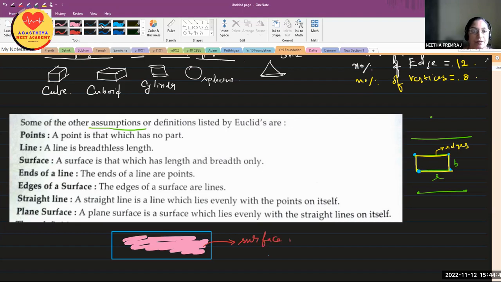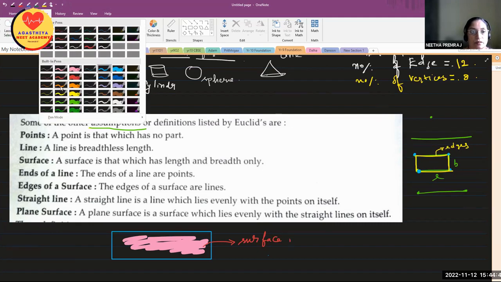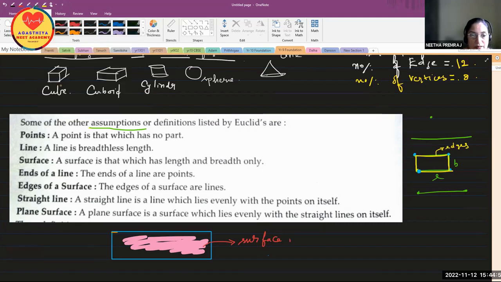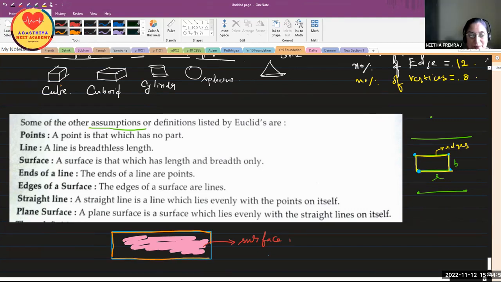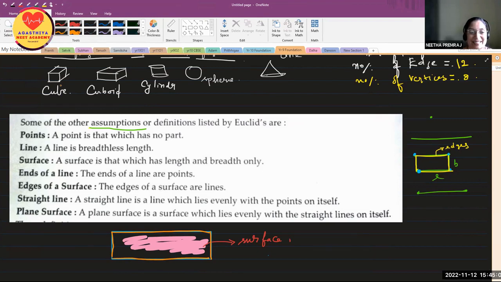Then what about this, the orange color lines? Edges. This is called edge. There are 4 edges in a rectangle.